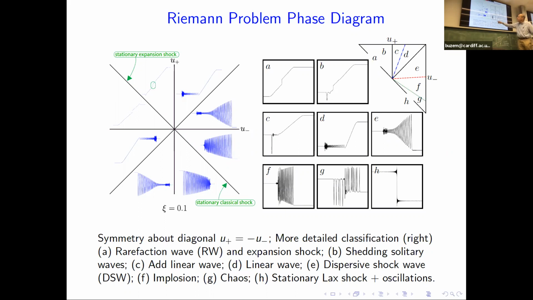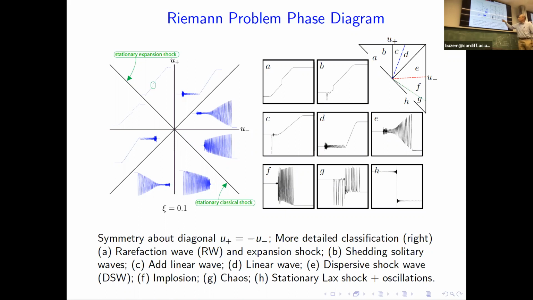There are three other figures I'm not going to talk about, because there are a lot of things to talk about already. The dispersive shock wave, well, I'll talk about them very briefly. The dispersive shock wave collapses at its leading edge. It's called an implosion, and there's an analysis of that.